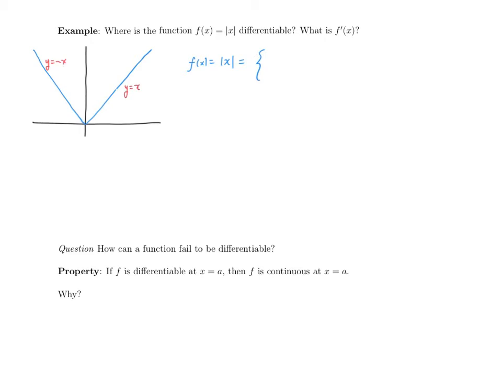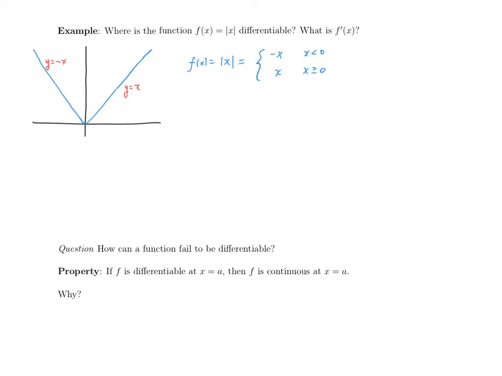So this is defined to be minus x when x is less than 0, and positive x when x is greater than or equal to 0. And note, this should make somewhat intuitive sense. If you substitute in a quantity which is negative, you have to take the opposite of it to make it positive. And if you substitute in a positive quantity, you just get out the same thing.